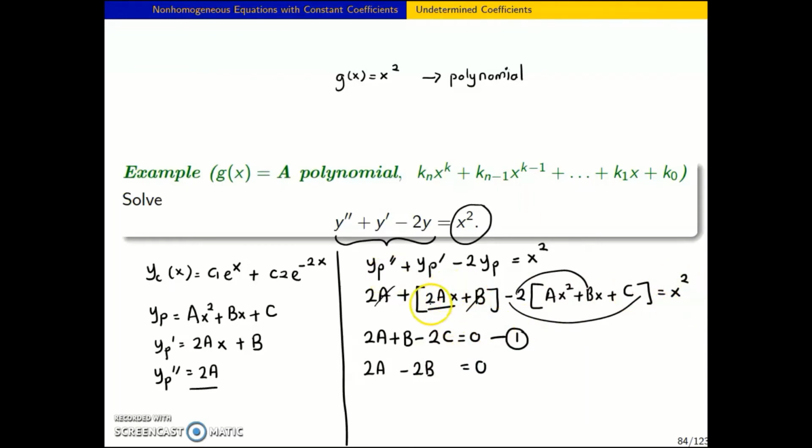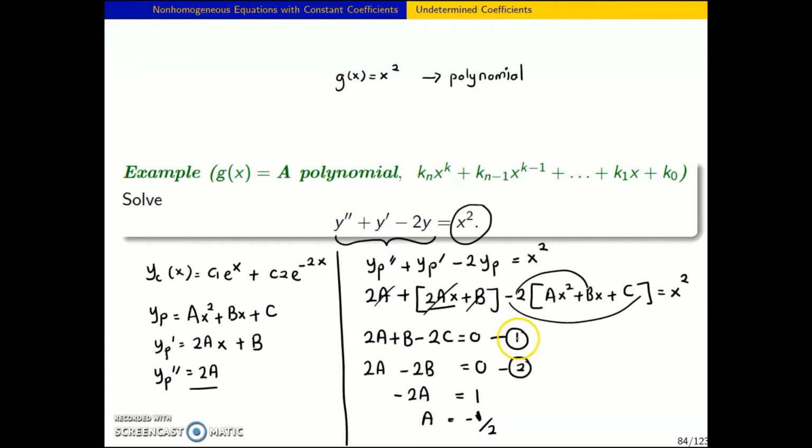Now the next one: I have negative 2ax squared, equated with x squared, which has coefficient 1. This is my third equation. Now a we can find: negative 1 over 2.